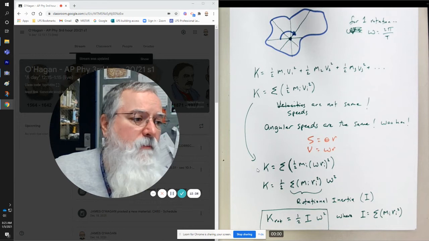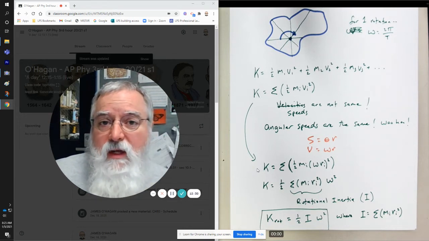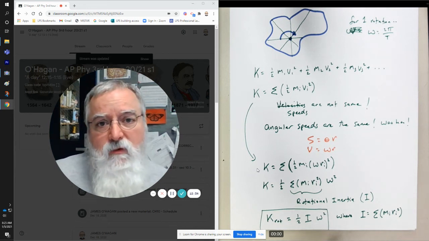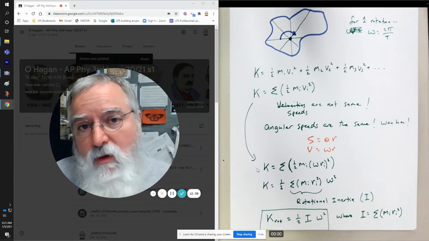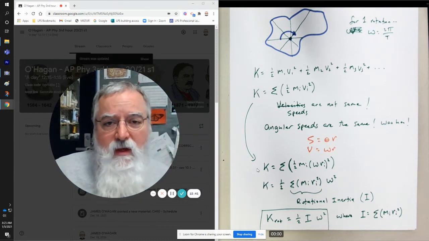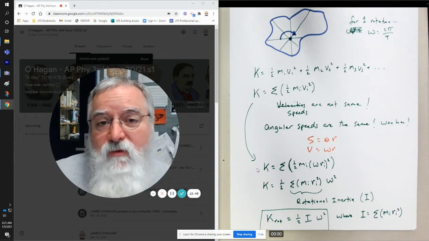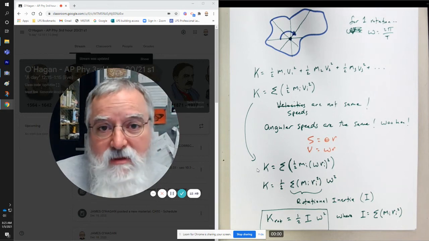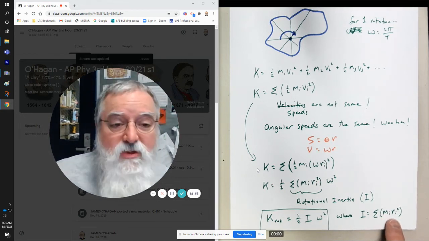An object that is rotating wants to keep on rotating. Hey, Newton's first law, unless an unbalanced force, unbalanced torque, we'll get to torques later, acts upon it. The amount of resistance to changes in its angular velocity has to do not with its mass alone, it has to do with the mass and where the mass is distributed.